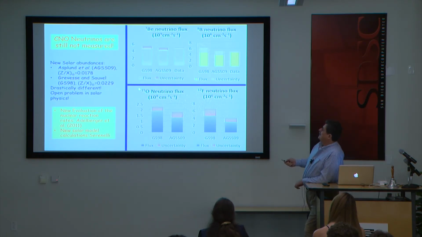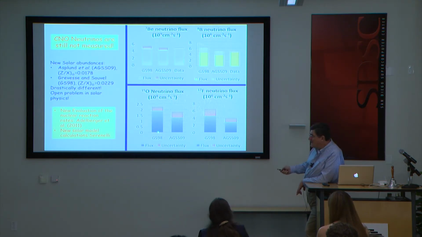So this is the neutrinos coming from oxygen-15. Old abundances, new abundances. It's reduced quite a bit. Of course, there's no data. So in principle, if you can measure the CNO neutrinos coming from the sun, you can distinguish between these two. The effect is even larger for fluorine-17 neutrinos, old versus new.